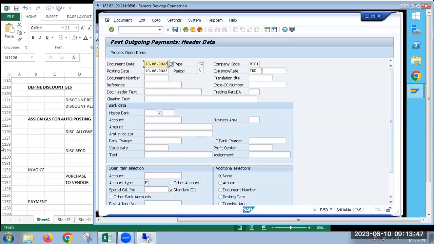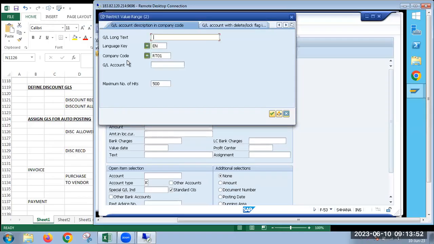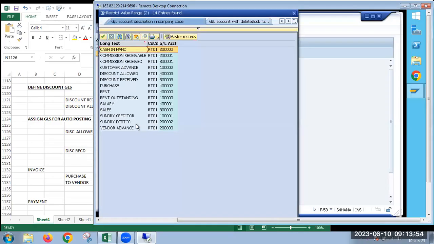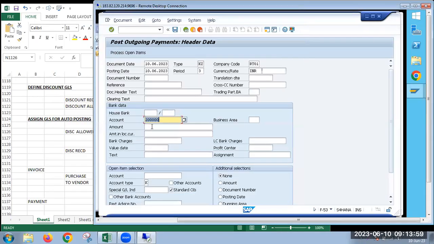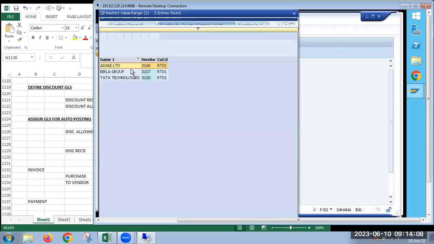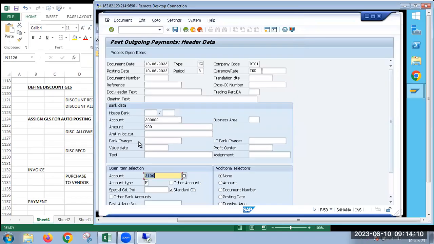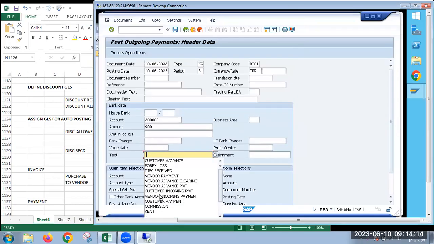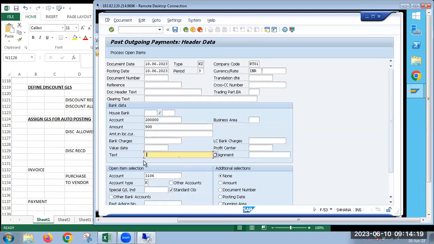Today's amount with cash account or bank account. Normally it should be the bank account. Only 900 we have to pay against Adani. X is a mandatory one for this. So let's go for a vendor payment under outgoing payment.